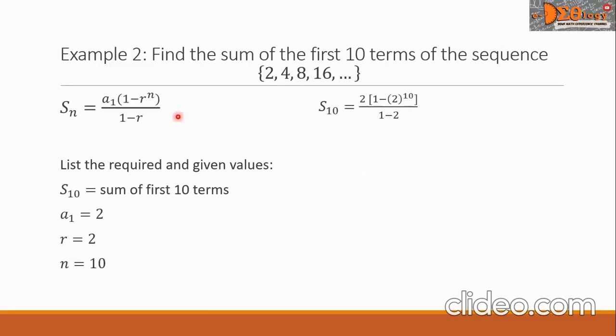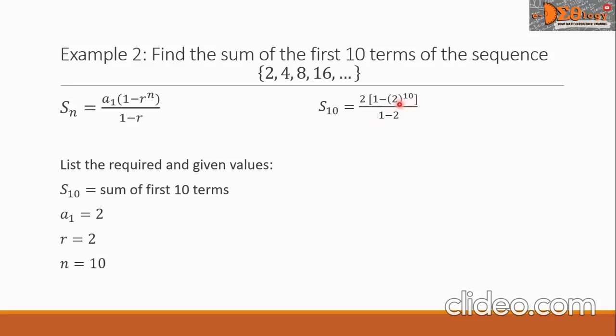And using our formula here, let us substitute the values. So we have a sub 1 is now 2. And take note, the r, or the common ratio, is used twice. One in here, also in here. So we have 2 times the quantity 1 minus 2 raised to 10 all over 1 minus 2.